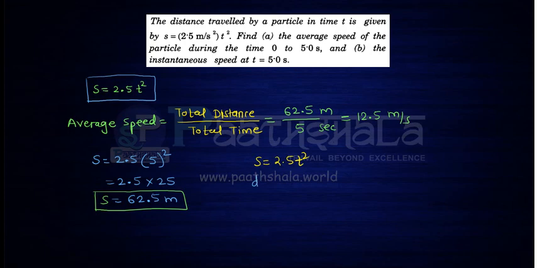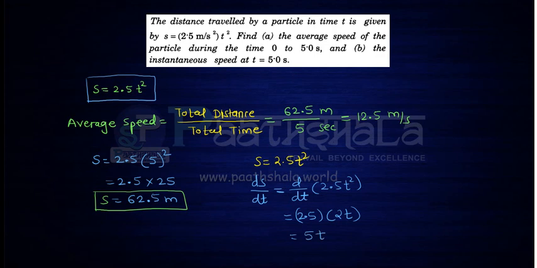So differentiation of s with respect to time is ds by dt, which equals d by dt of 2.5 into t square. So 2.5 is a constant, take it outside the derivative, and differentiation of t square is nothing but 2 times t. So 2.5 into 2 is 5 and t as it is.